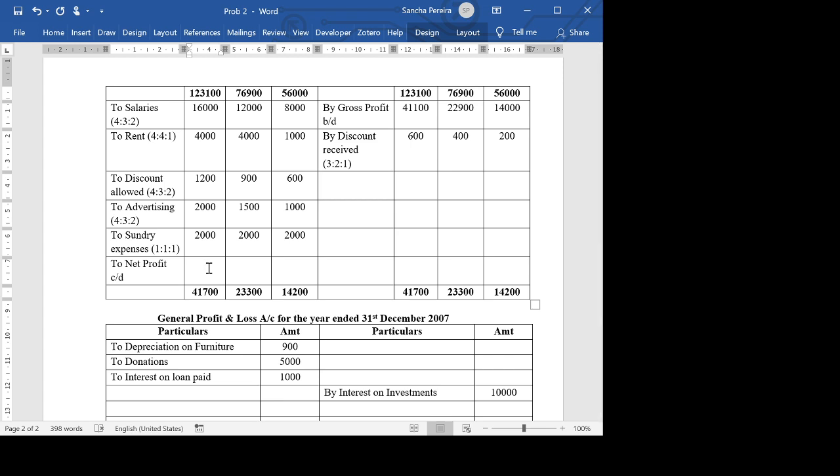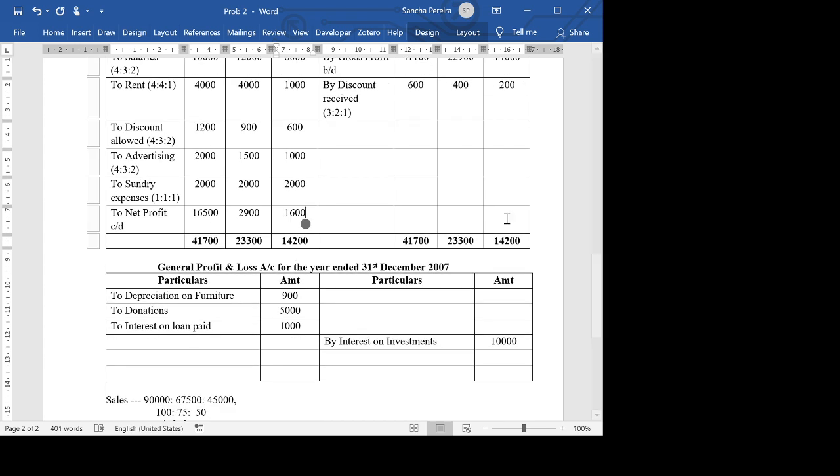So each of the net profits, this is 16,500. Here we have 2,900, and here we have 1,600. I will bring down the net profit by net profit brought down. For K, it is 16,500. I can directly show it outside. It's up to you, you can show it inside or outside.